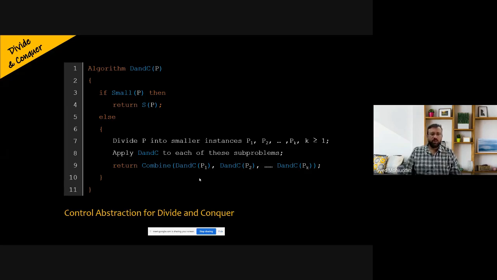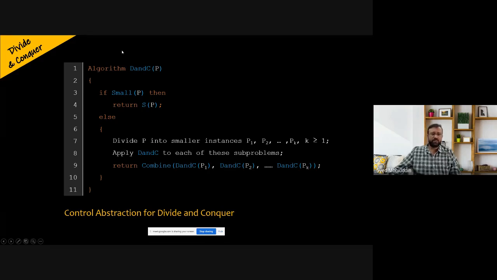What we mean by control abstraction is that this algorithm just gives us the general idea of how to do it. It doesn't describe what the small function does, what the solution function S is, how to divide those instances P1, P2, P3, and how to combine.